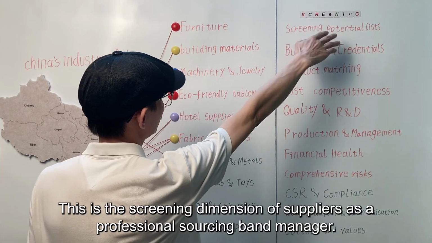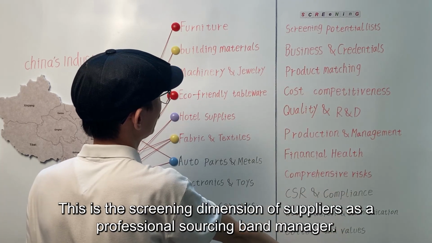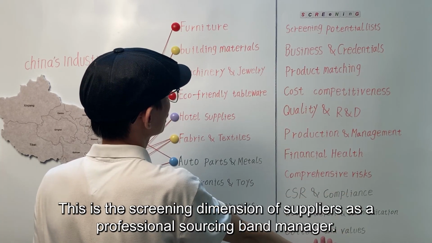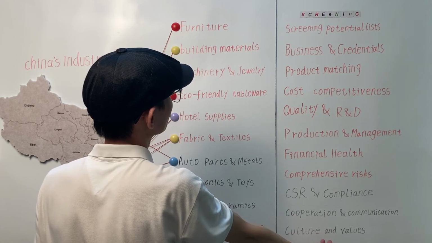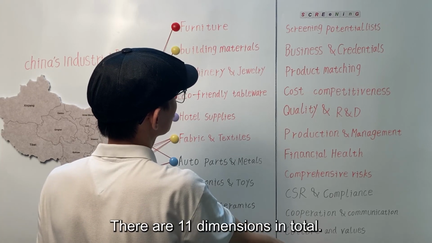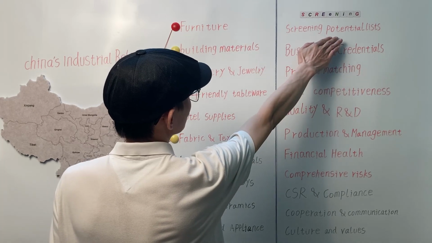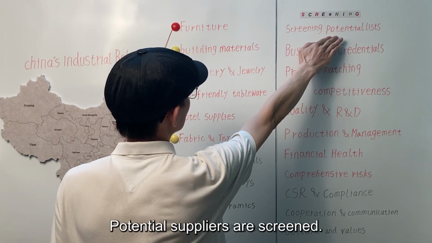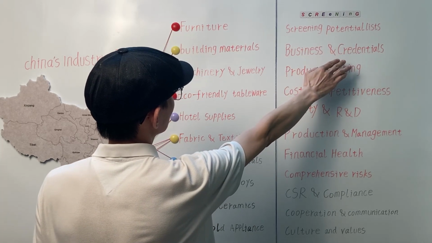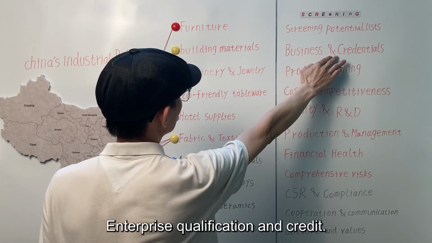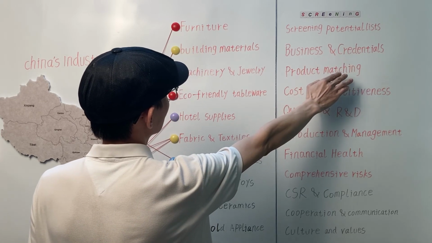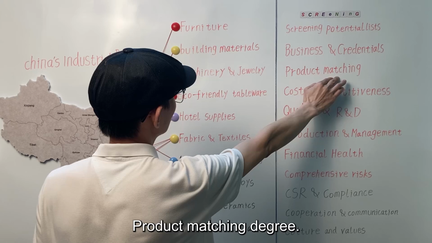This is the screening dimension of suppliers as a professional sourcing band manager. There are 11 dimensions in total. Potential suppliers are screened. Enterprise qualification and credit. Product matching degree.